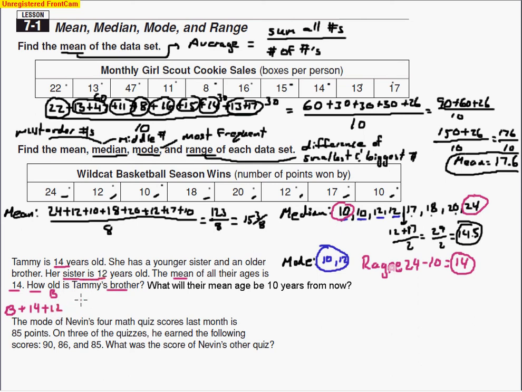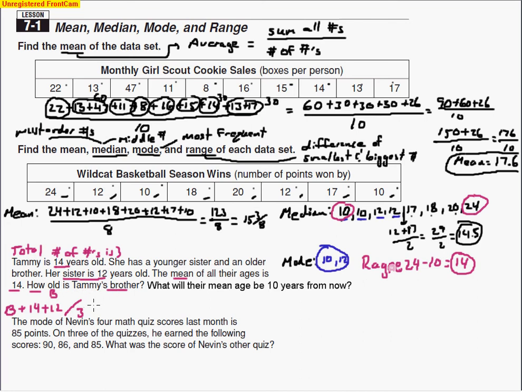And there are 3 altogether. So the total number of numbers is 3, because there are 3 siblings, Tammy, sister, and brother.